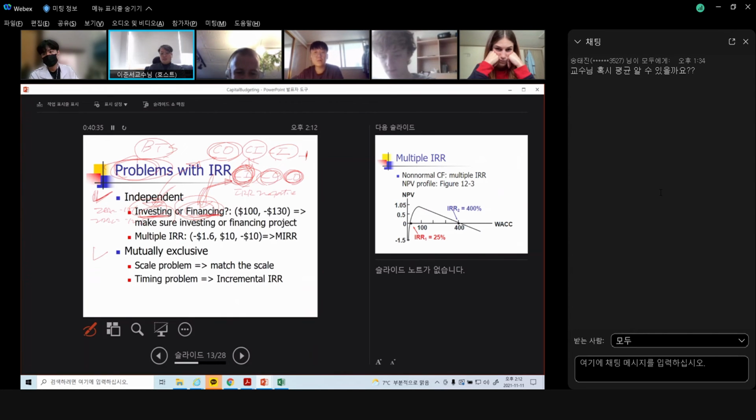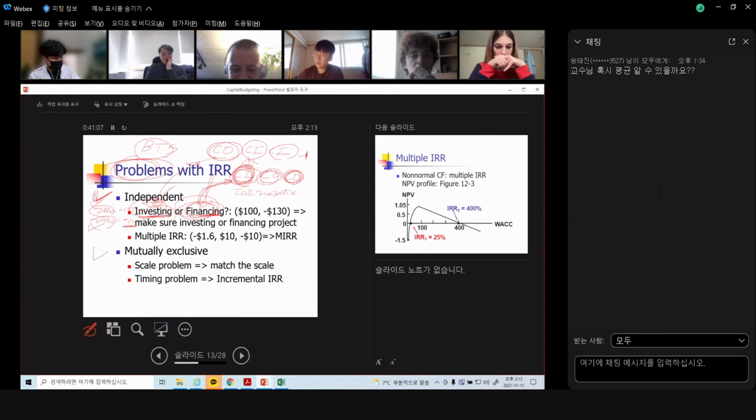So in a financing project, the IRR generally provides a negative percent. If we compare negative 10% and negative 12%, negative 10% looks better. But if the IRR for project S is negative 10% and for project L is negative 12%, then the higher negative, the better, so it's a very weird decision procedure.